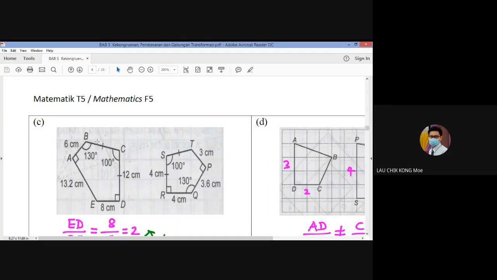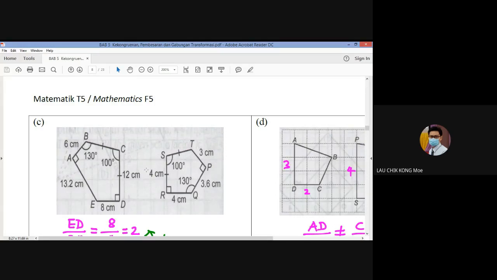So if you look, this is 5 sides. I think this is a pentagon. A, B, C, D, E, and then the other is P, Q, R, S, T. And if we look here, all the corresponding angles are equal: 90 degrees we have 2, 100 degrees we have, 130 degrees we have, so tinggal satu itu memanglah sama kan kalau you kira.